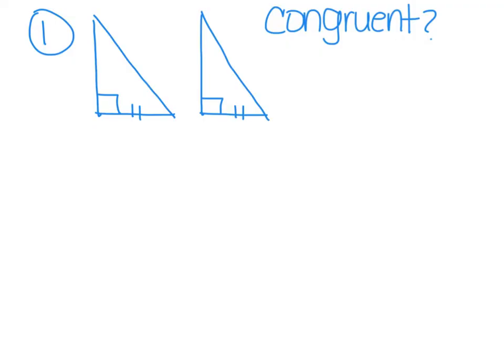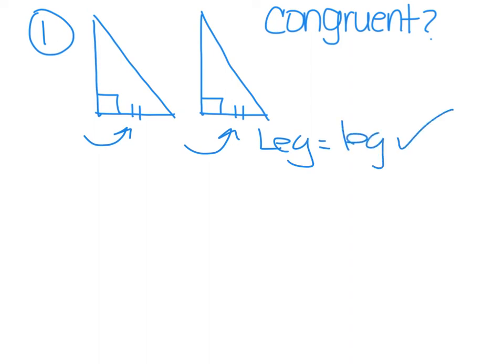So here we go. We want to know, are these triangles congruent? Well, the first thing I see is right angles, so maybe they could be congruent by hypotenuse leg. So I do want to check it out. Do I have a leg that's congruent to a leg? And the answer is yes. But we need more.